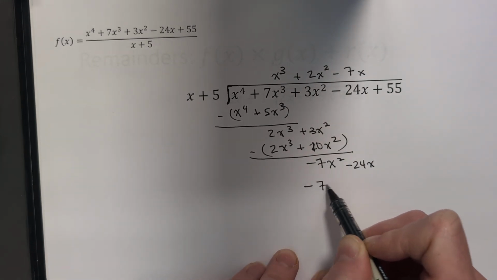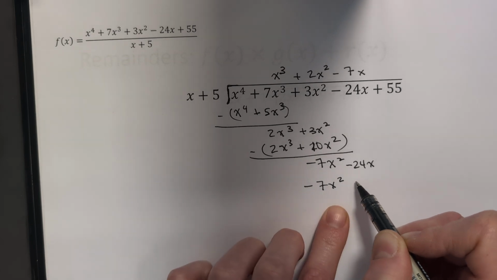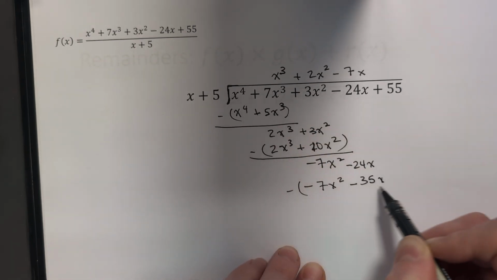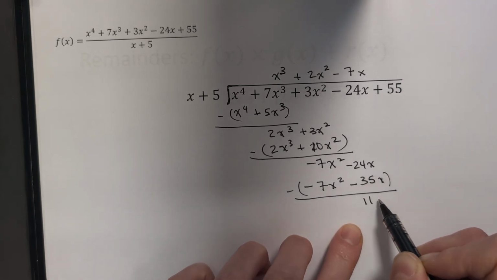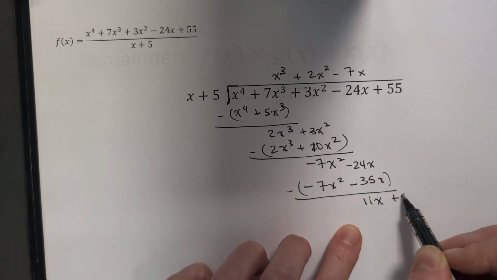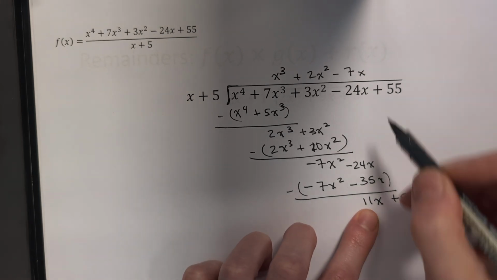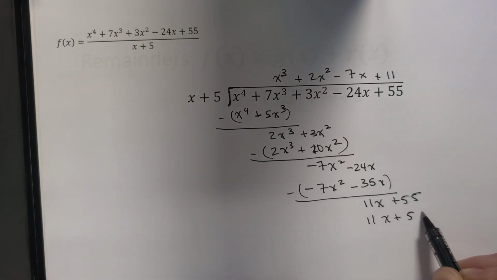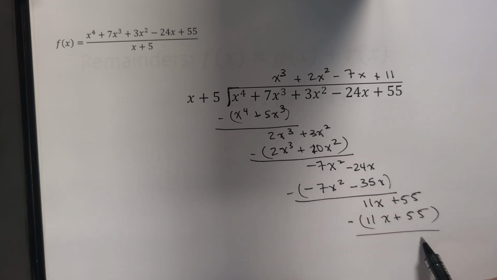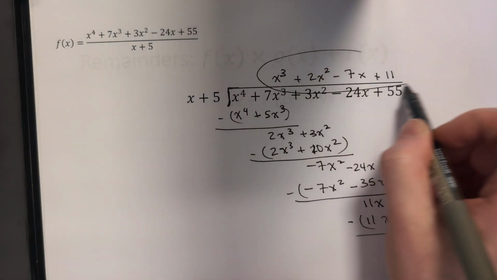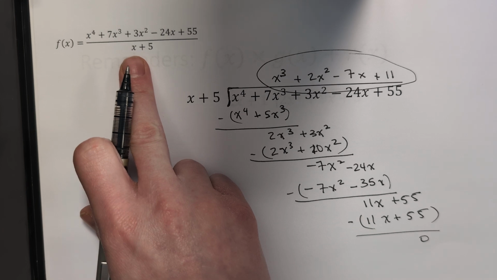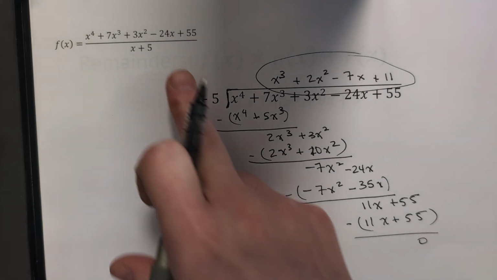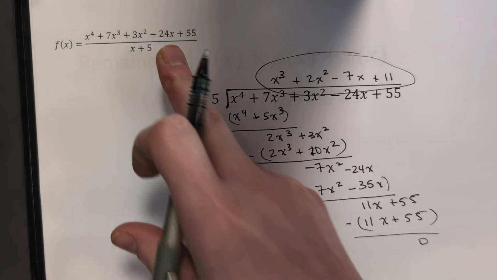And then negative 7x squared. We should keep getting the same thing here. Minus 35x. And then we add 11x, bring down, plus 55. X goes into this 11 times. And then we get 11x plus 55. And that gives us 0, so a remainder of 0. Again, because of this division and the domain issue, it won't exactly be this, but we'll look at how this long division pertains to the rational function and its relationship in the next class.